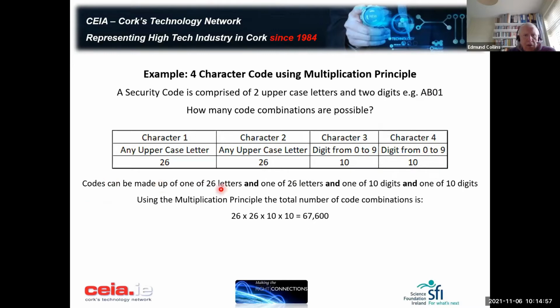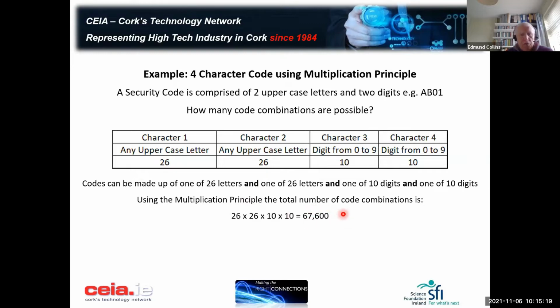So the codes can be made up of one of 26 letters and one of 26 letters and one of 10 digits and one of 10 digits. So again, using the multiplication principle, we just multiply out all the different options here, 26 by 26 by 10 by 10.